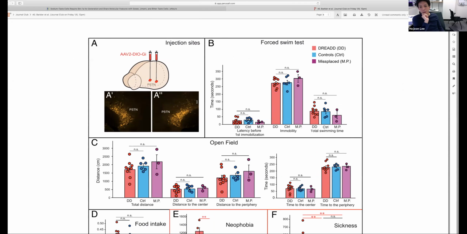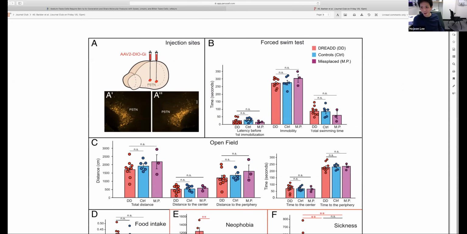Yes, but based on figure 5, let's just assume, probably wrongly, that every neuron in PSTN is doing the same thing. Yeah, probably not true.